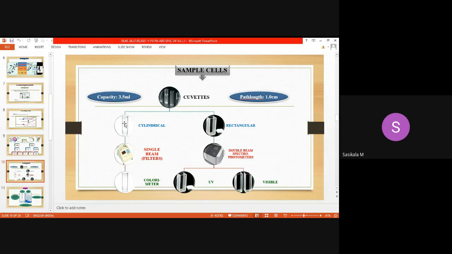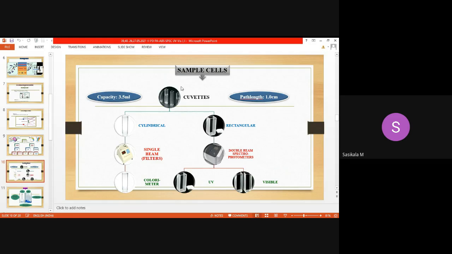You can find two types of cuvettes, cylindrical and rectangular, and the capacity of cuvettes will be 3.5 ml, and the path length, this is the diameter. You can say path length between two surfaces, and the length between two surfaces of cuvettes is 1 centimeter. So this is a fixed length only, and this parameter is applicable during quantitative analysis.